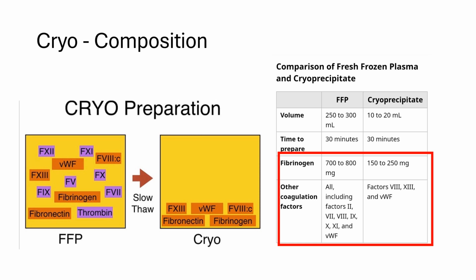The main reason why we give cryo is the volume, and patients who have restricted volume or are fluid overloaded may benefit from cryo, despite taking into account that it might not solve the entire coagulation problem because of the limited number of components in cryo.